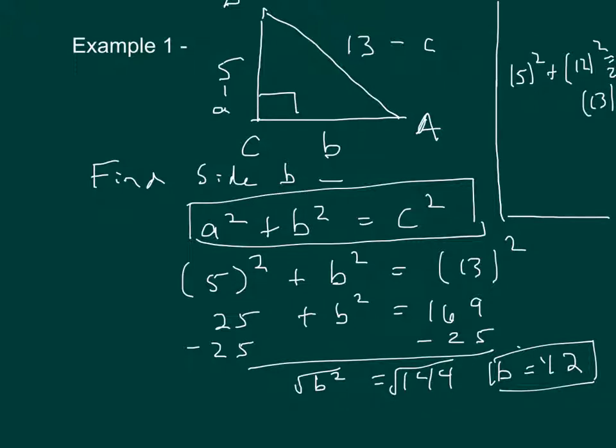So 5 squared is 25, 12 squared is 144, and 13 squared is 169. If you add 144 and 25, you get 169, which equals 169. So the check shows that we have all the sides of this right triangle correct. We'll move on and try example 2.